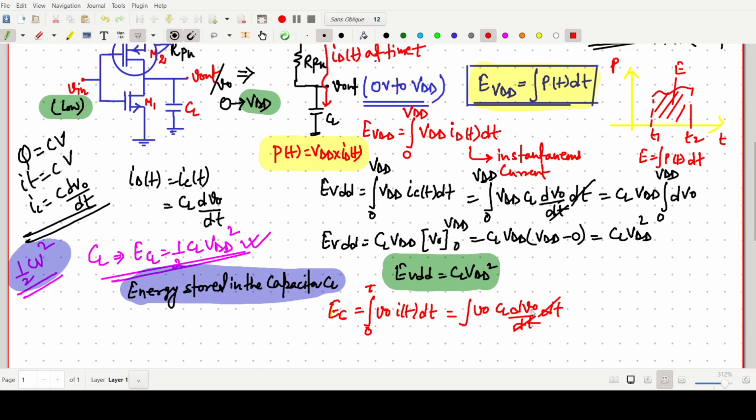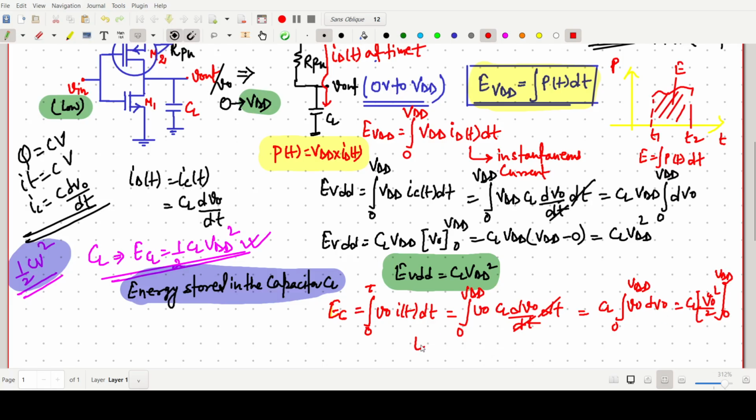Now the output voltage across the capacitor, that is our load capacitor, will vary from 0 to VDD. Here it is better to write the energy across the capacitor: CL V naught dV naught from 0 to VDD. Integrating, CL V naught square by 2 from 0 to VDD.